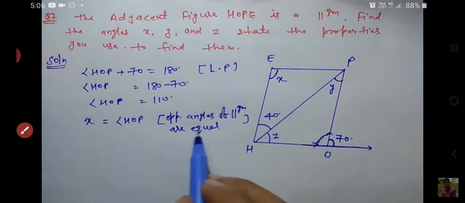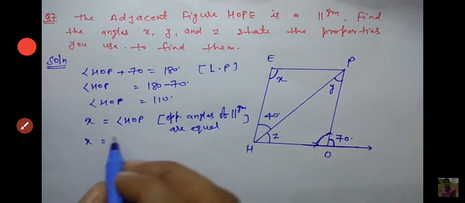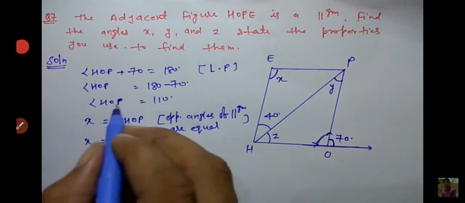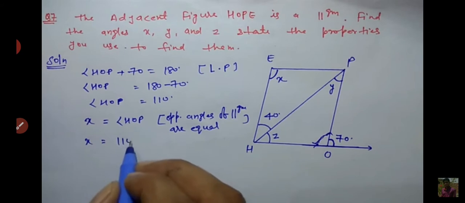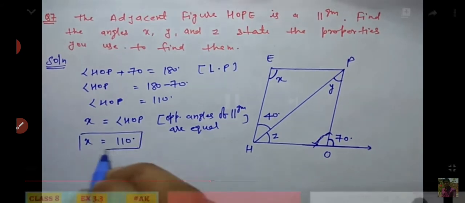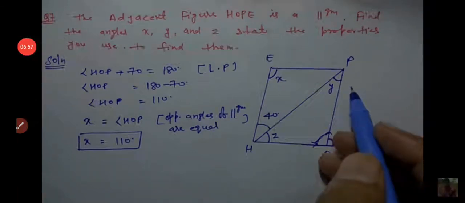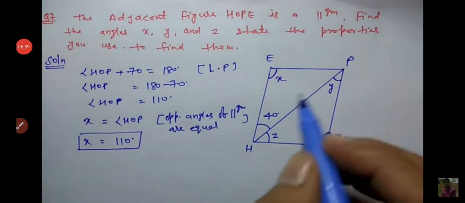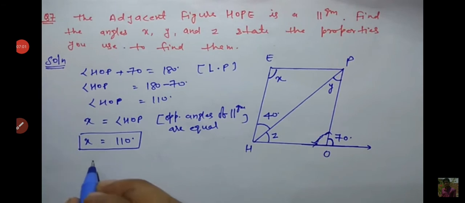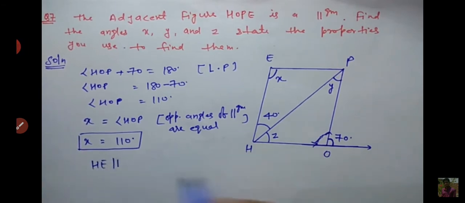Now X is equal to HOP, which means X is equal to 110 degrees. Now we have to find angle Y. If X is 110, HE is parallel to PO.